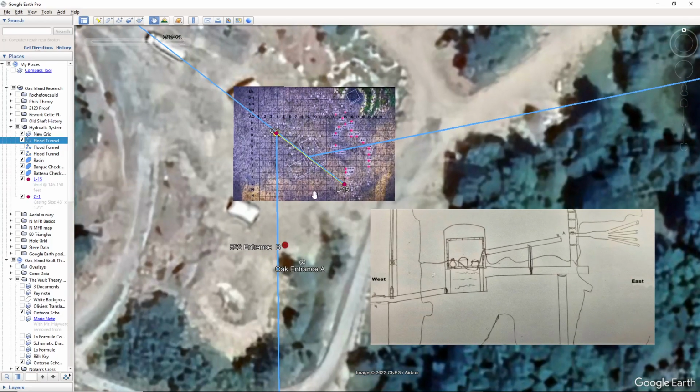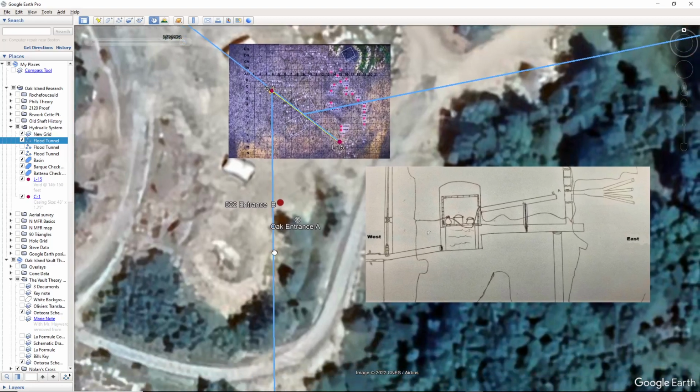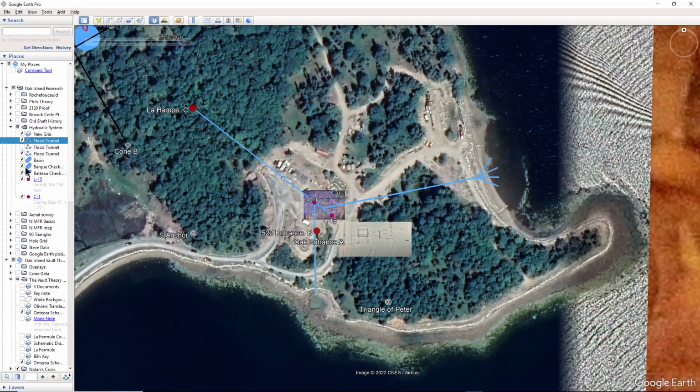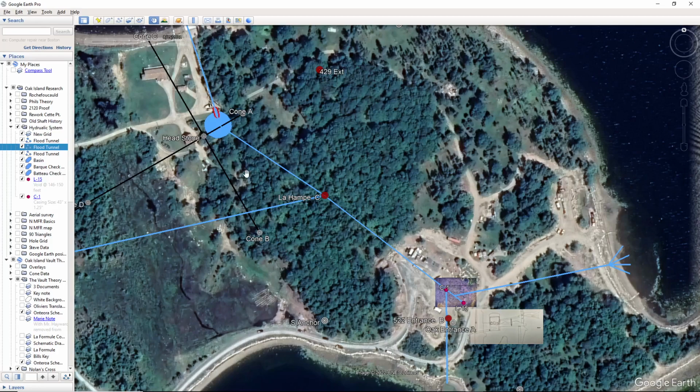Now remember too that there's been a lot of activity. These flood tunnel systems, which I believe this could be where the water is flooded in, and I've also proposed that these also are basically relief valves or drain valves from a greater system, which gets its water source from up here.